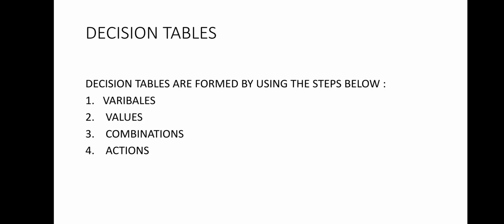Basically, students, when we consider many cases of software testing, many additional factors are also there, like whether various decision variables and conditions are working properly or not. If they are working properly, then okay, and if they are not working properly, then what action should be taken? So for the same, we take decision tables.